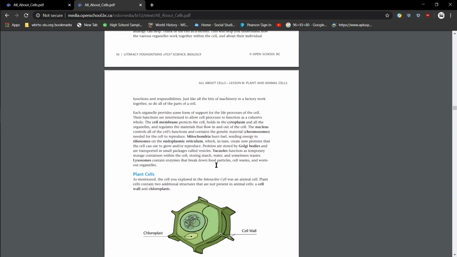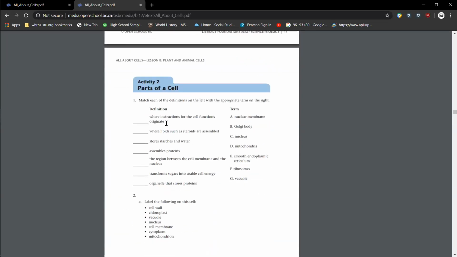The rough endoplasmic reticulum contains the ribosomes, and that's the one that creates proteins. The smooth endoplasmic reticulum actually makes the lipids. So for this answer, it would be smooth endoplasmic reticulum. I didn't explain that, but yeah, smooth endoplasmic reticulum makes lipids.